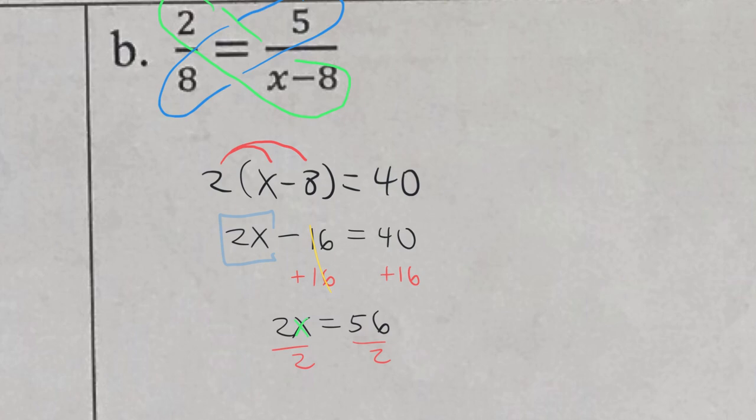Next thing you know, these cancel, and then you have your x equals 56 divided by 2. 56 divided by 2 is 28. So that's the final answer there.